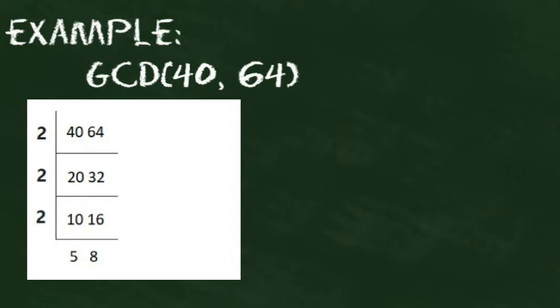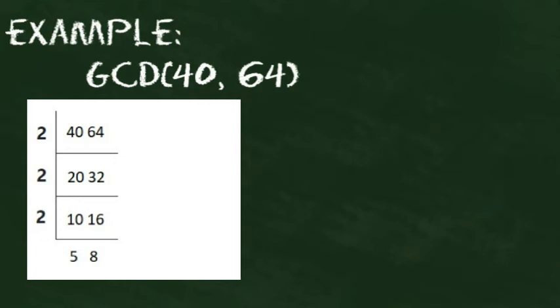Let's use another example. Let's find the GCD of 40 and 64. 40 divided by 2 is equal to 20. 64 divided by 2 is equal to 32. 20 divided by 2 is 10, while 32 divided by 2 is 16. 10 divided by 2 is 5, while 16 divided by 2 is 8.